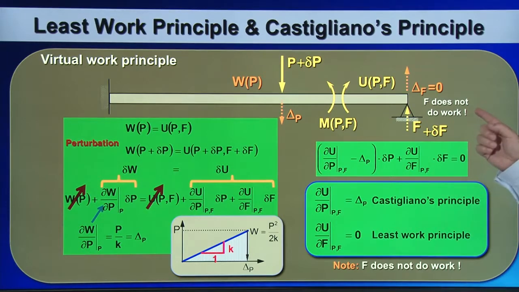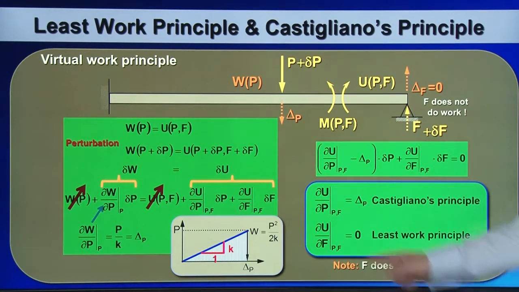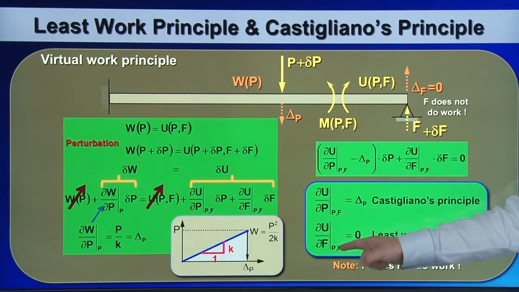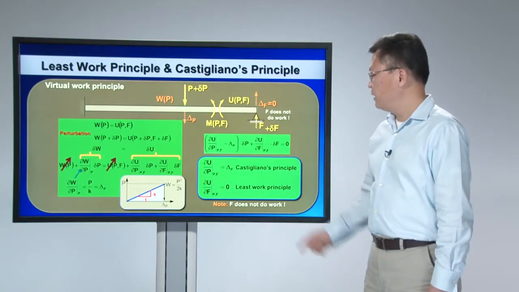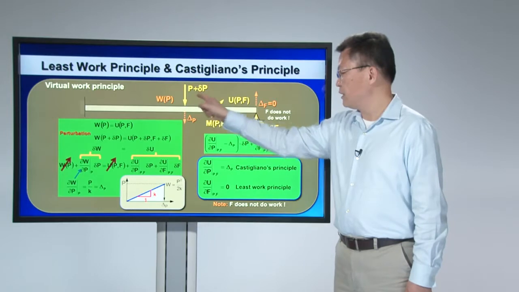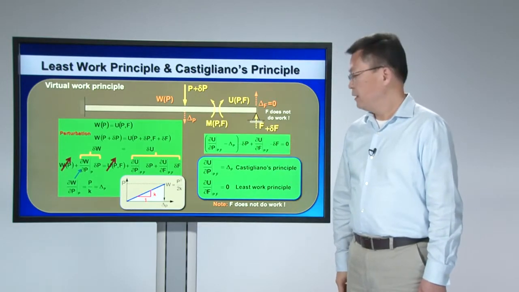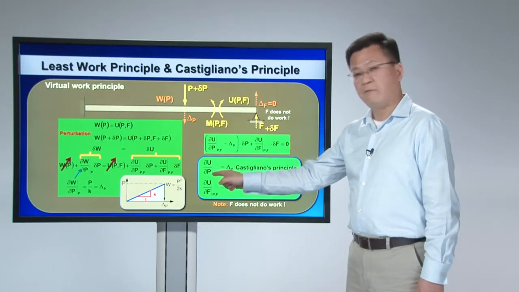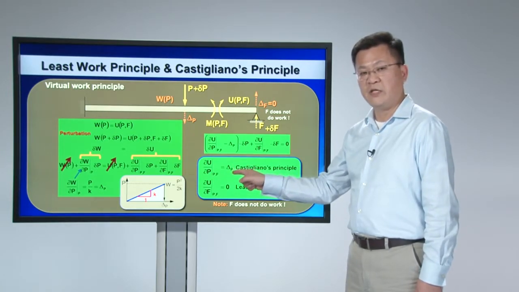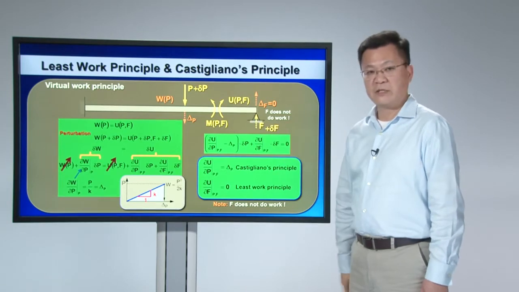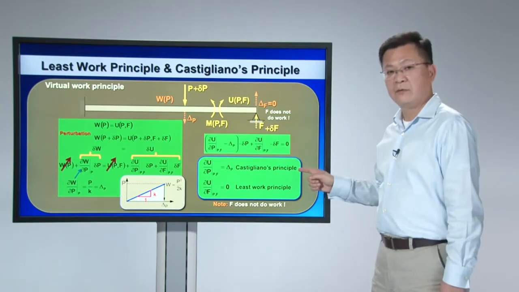If you have a force that cannot do any work on your structure, then it should follow the least work principle. That is, ∂U/∂force equal to 0. If, on the other hand, the force will do work on the structure, then when you do ∂U/∂force, it should be equal to the corresponding displacement to that force. That is Castigliano principle.